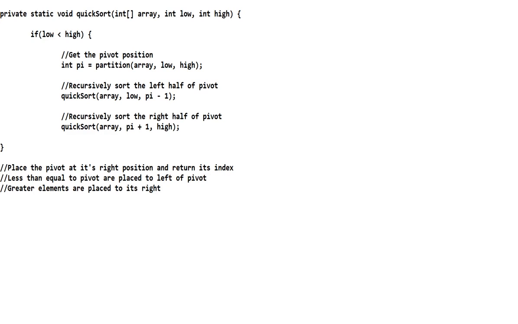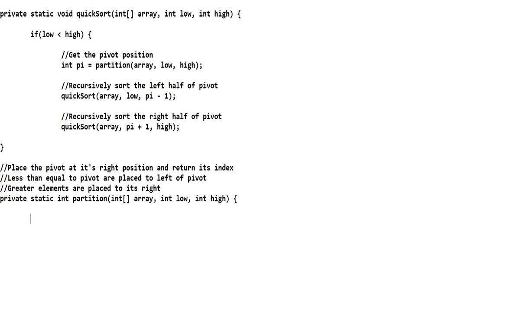So let's write that method. This method is going to return an integer, which is the pivot index. It's gonna take integer array, integer low, integer high.